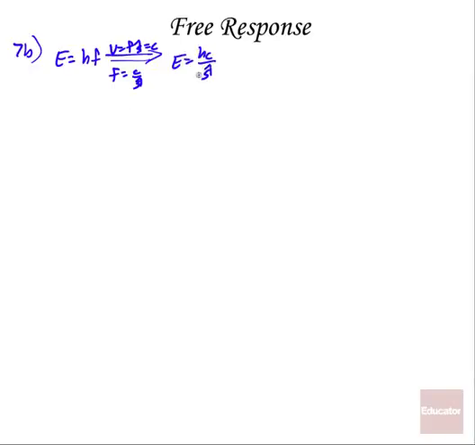To start, I'm going to figure out what energy this corresponds to. Our energy is hf, but we also know that v equals f lambda, which is also equal to c, so I could replace frequency with c over lambda to say that E is hc over lambda.